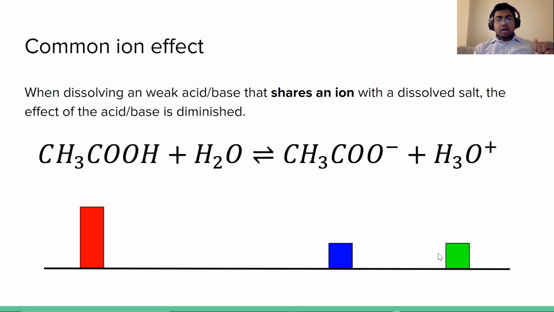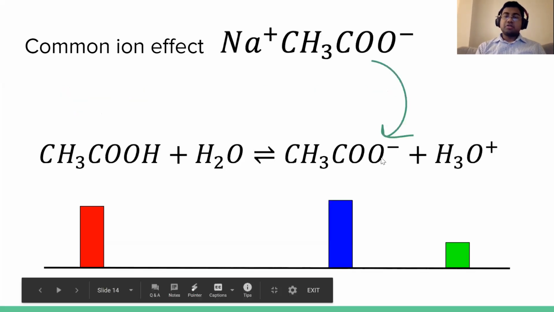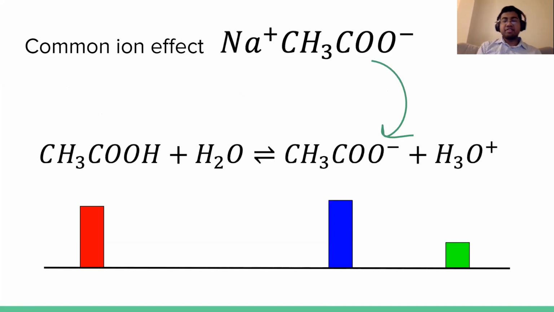We've got a happy little equilibrium here, but let's say that we've now got an excess of sodium acetate showing up. Make sure you know that it doesn't matter whether the acetate was already present or whether we're adding it after the acid, the effect is going to be the same.